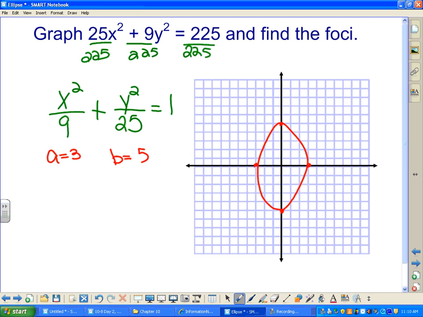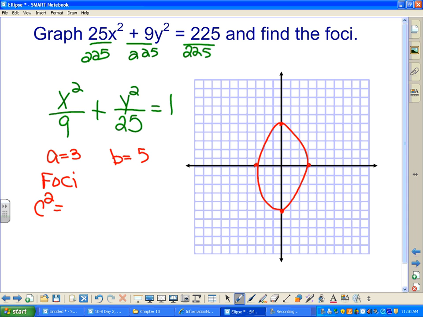Okay, excellent. Now, we're supposed to find our foci. Which axis are they on, the x or the y? They're on the y-axis. How do you know? Because it's the longer of the two. Okay, so to find them, I know my equation is c squared, and it's either equal to a squared minus b squared or b squared minus a squared.